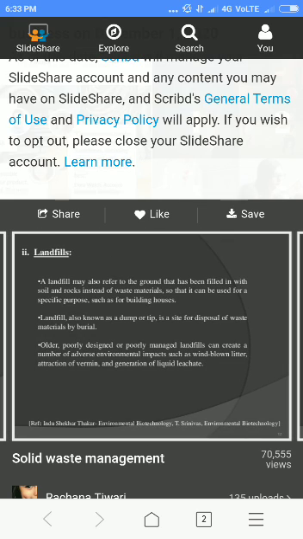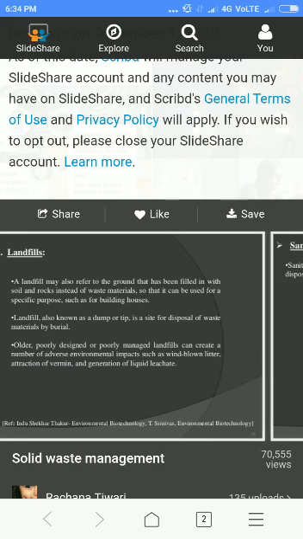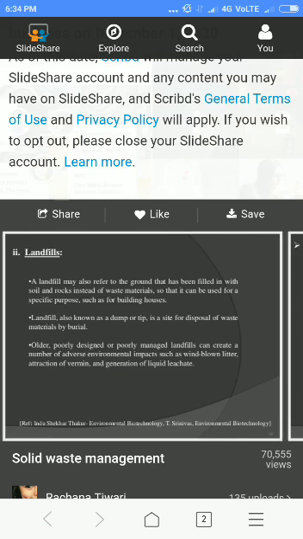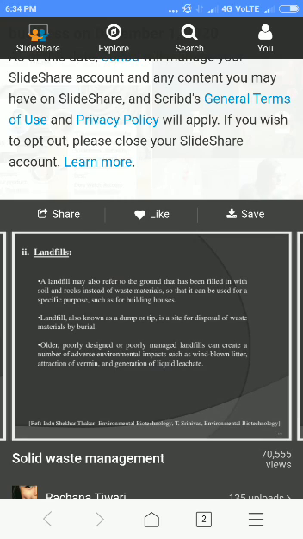The second method is the landfill method. Landfill refers to ground that has been filled in with soil and rocks instead of waste material, so that it can be used for a specific purpose, such as for building houses also. Landfill is also known as a dump or a tip.